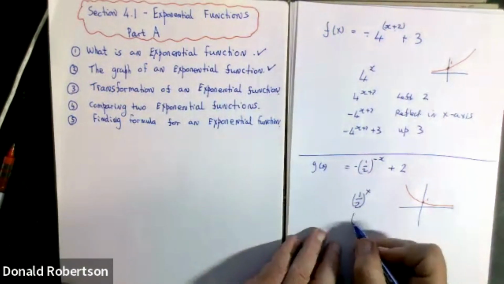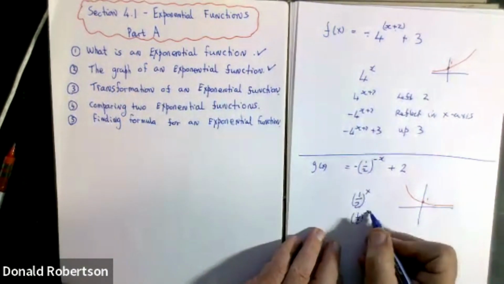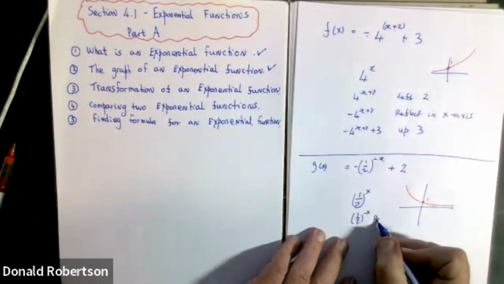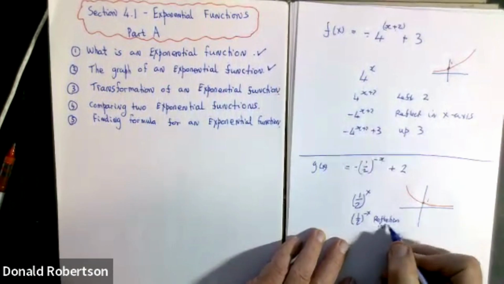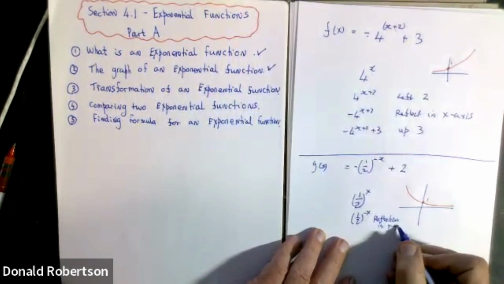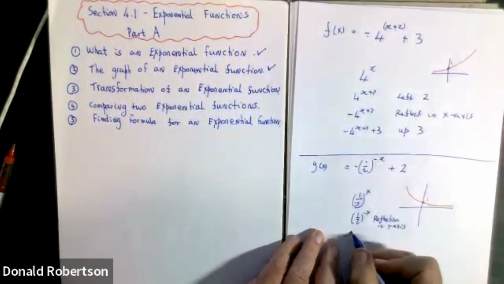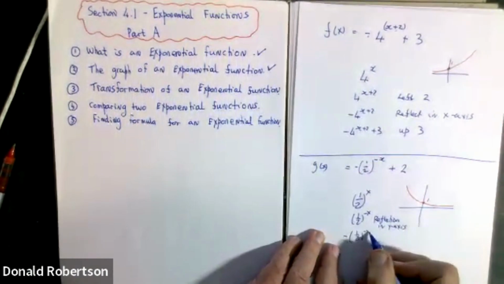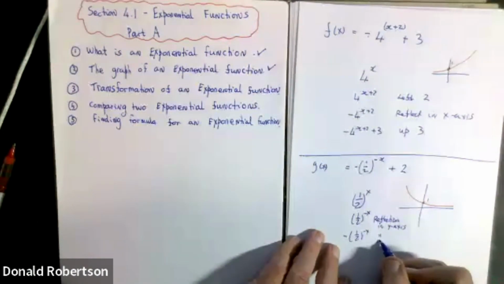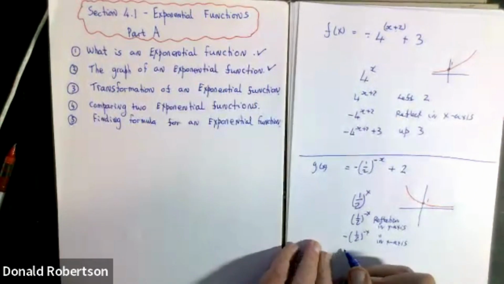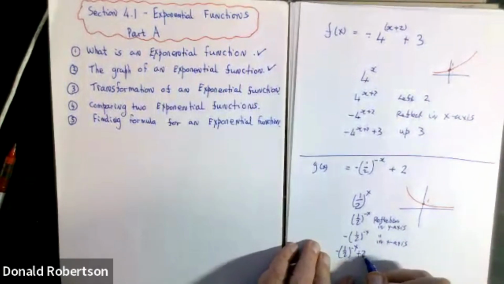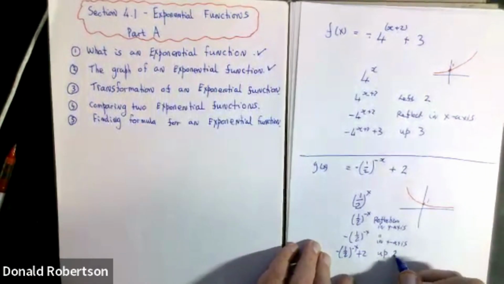Well, I think I would take care of this one, which is a reflection in the y-axis. Then I would take care of this one, which is the reflection in the x-axis. And then I take the last transformation, which would be essentially move it up 2.